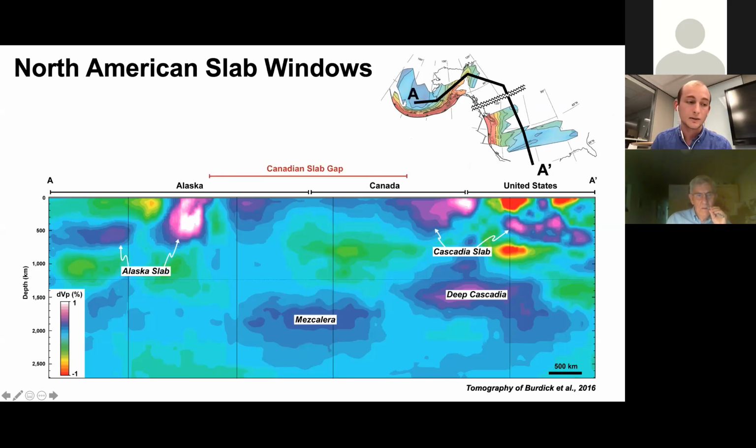So then, as I mentioned a minute ago, there's really not too much in the way of coherent subducted slabs in the upper mantle below Western Canada. We can see here in a strike section parallel to the margin, which goes through the Alaska slab here, and then the Cascadia slab here, that you can see both of those slabs fairly well.